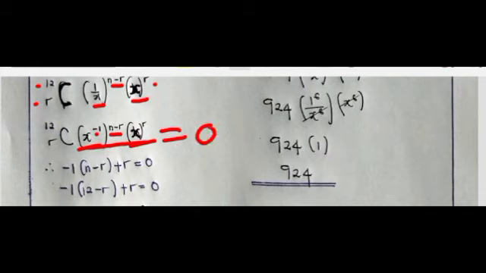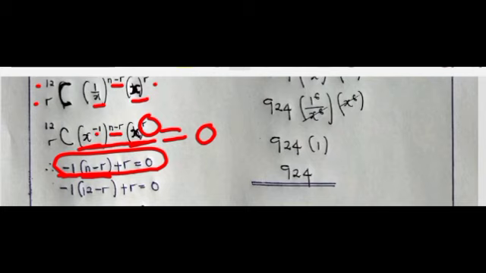That's how we're going to find the value of r. So this is my negative 1, and then open brackets n minus r for the powers. The powers are supposed to add to 0 so that we get rid of the x value, since we're trying to find the independent value there. So we also have our plus r, and then equal to 0. So we have our equation that we're supposed to solve there.